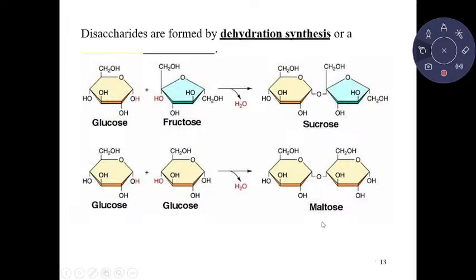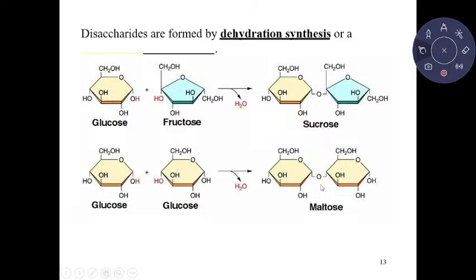This part is the glycosidic bond, where the first carbon and fourth carbon are involved to form the glycosidic bond. Through this glycosidic bond, maltose is formed.